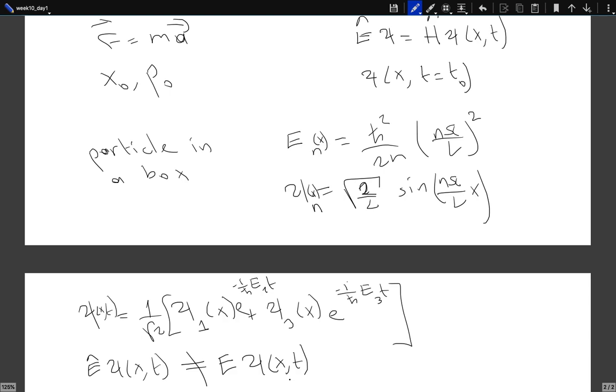Well, there will be two possible outcomes for this particle. For this particle, the outcome of the energy will be either E1 or E3. It cannot be E5 for this particle. For an arbitrary particle in a box, the outcomes are all En.